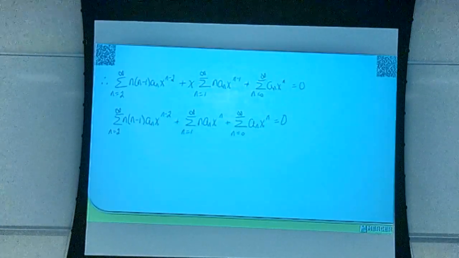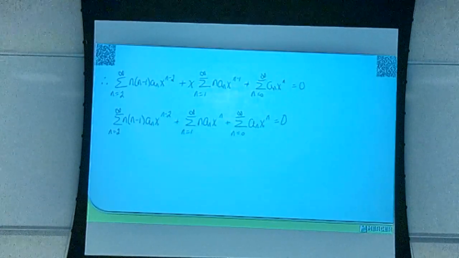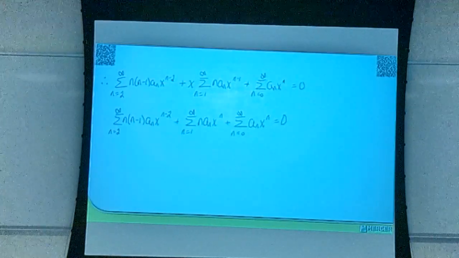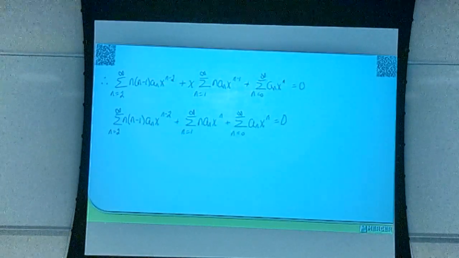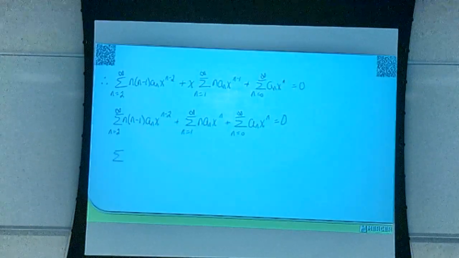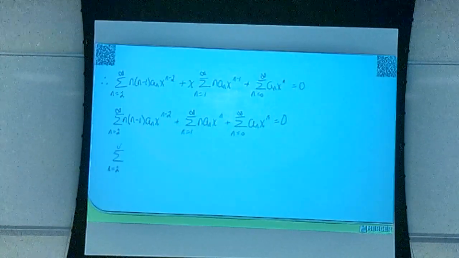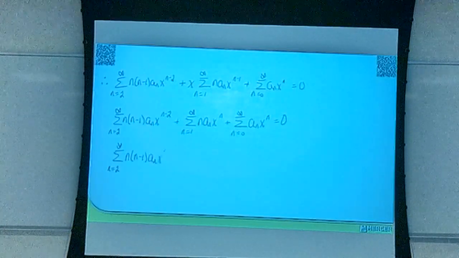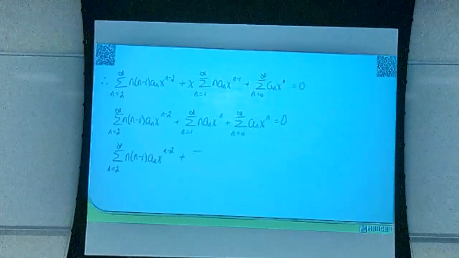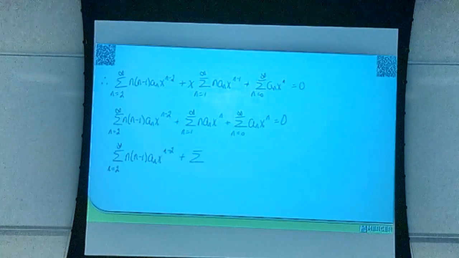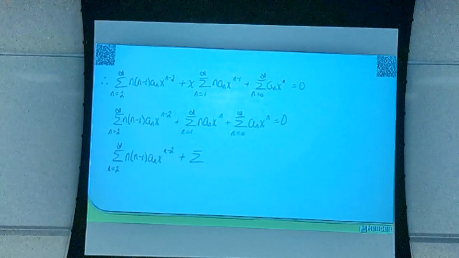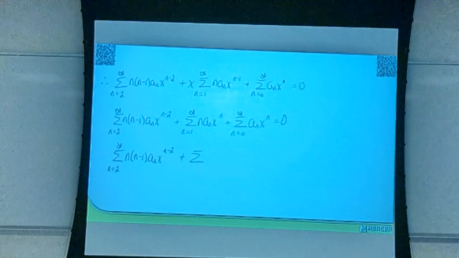Yeah, and then we're going to start it at n equals 3. That's what it looks like we're going to have to do. But for now, I need to make that n x to the n minus 2, which means I have to shift up by 2 units.